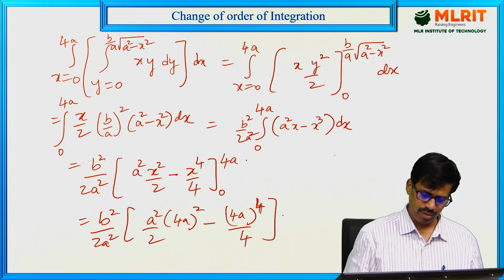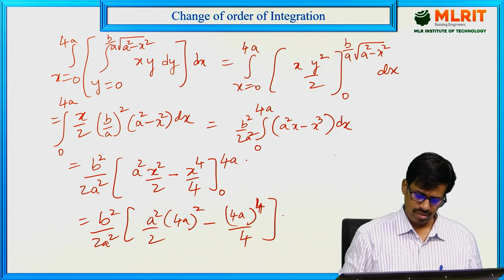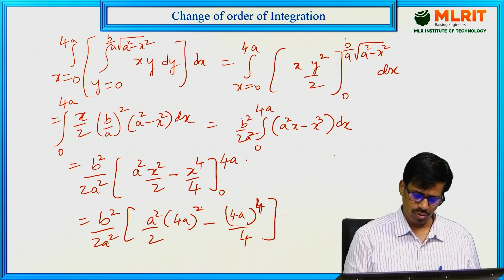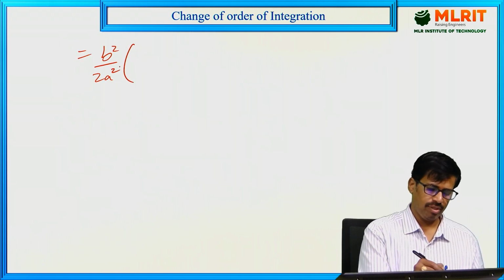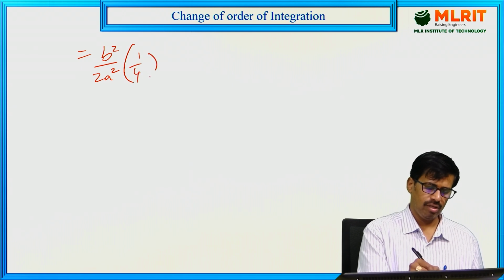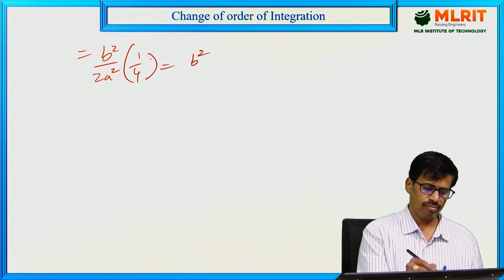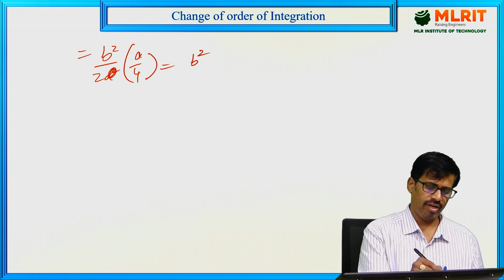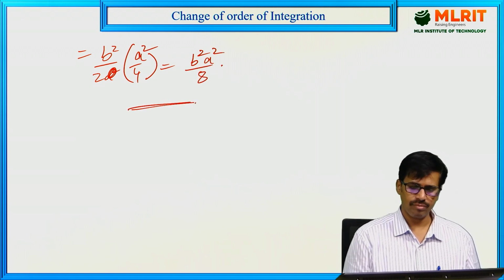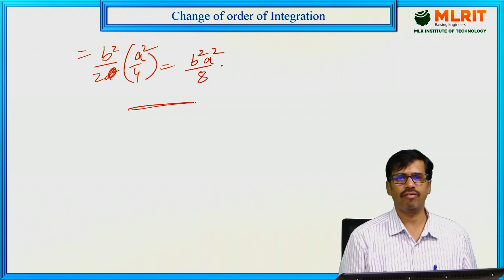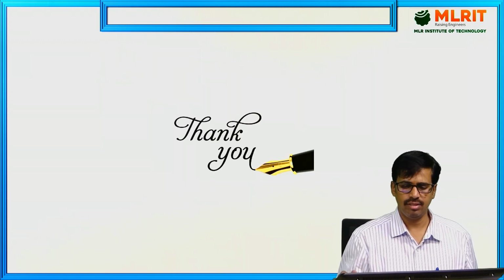This is a power 4 by 2 minus a power 4 by 4, and the a square cancels, so we get a square b square by 8. This is how we change the order of integration and evaluate this integration.